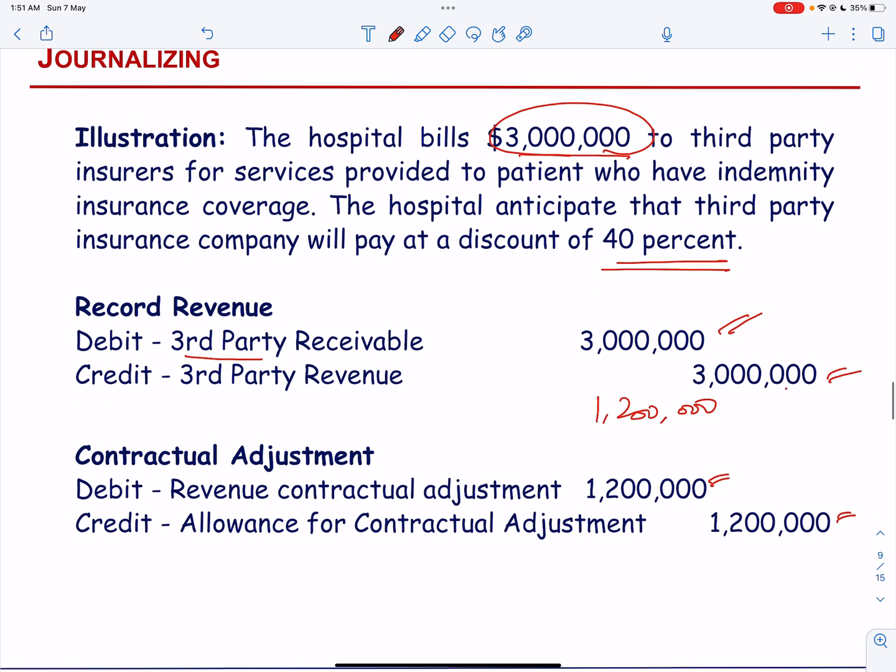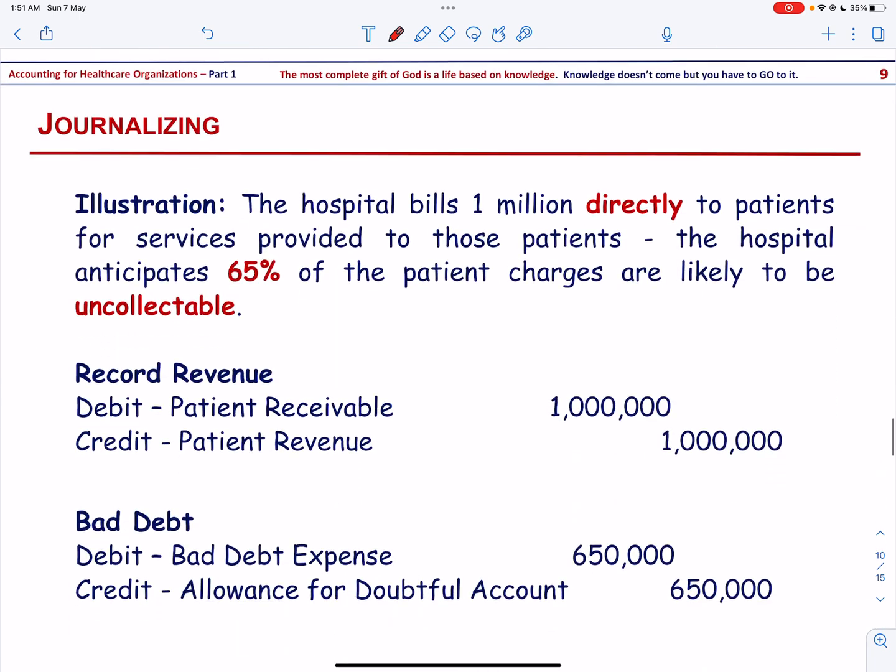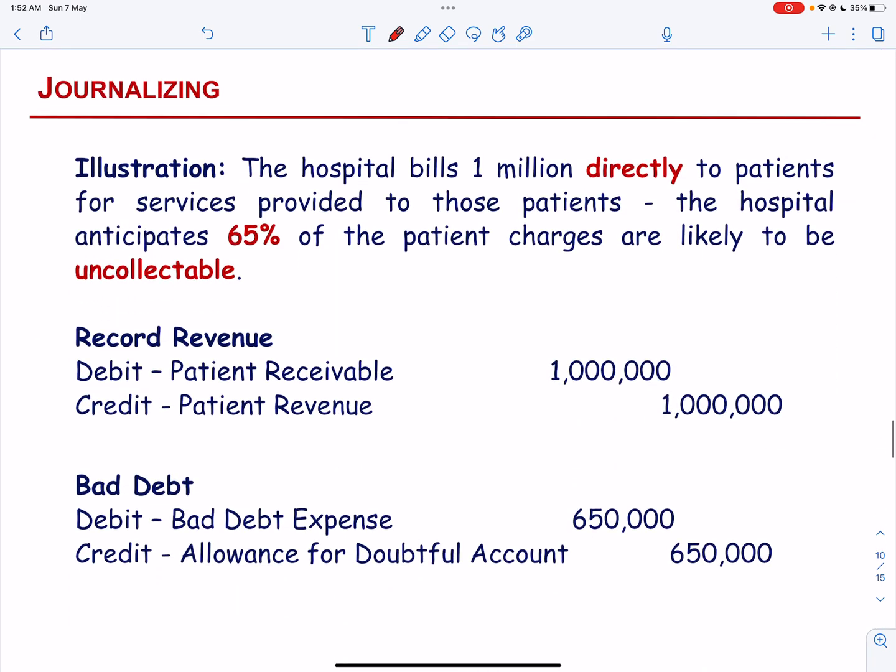Now here you see it is the insurance company that is going to pay at a discount of 40%, and let us look into another example where there is no insurance. Now, the hospital bills 1 million directly to patients for service provided to those patients.